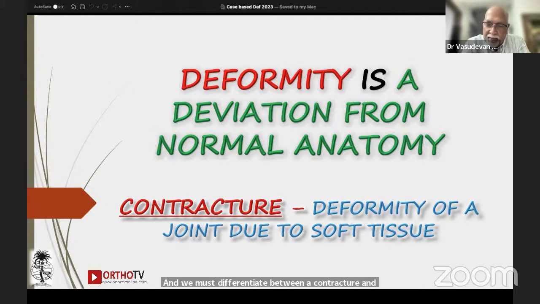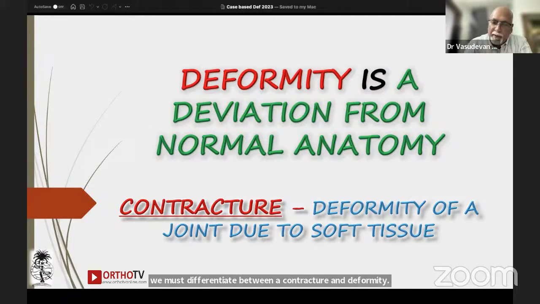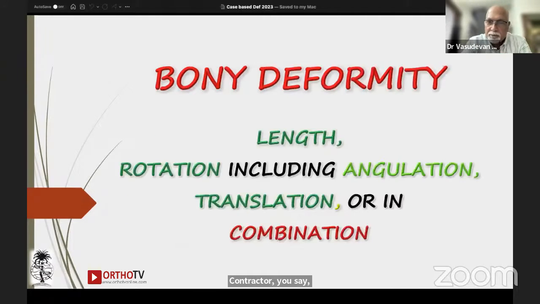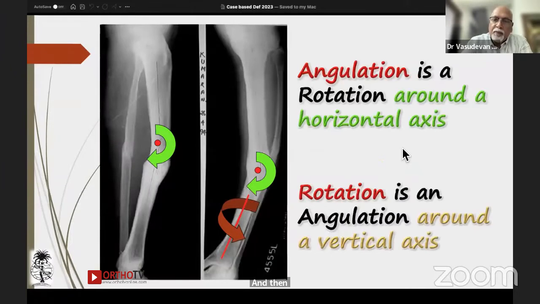Contracture is a deformity of a joint due to soft tissue, whereas bony deformity originates from the bone, and that can be in limb length disparities, that is in the long axis, and it can be rotations. Rotation includes angulation also. And then translation, or in combination.